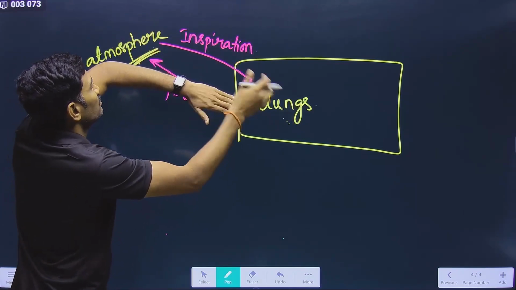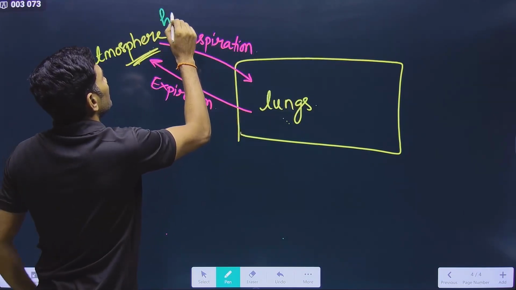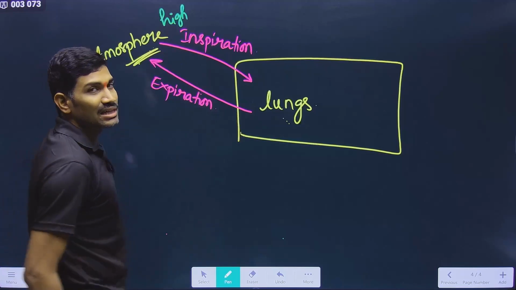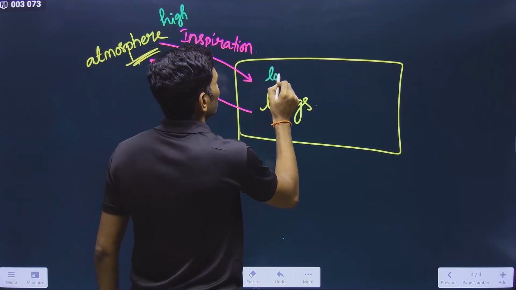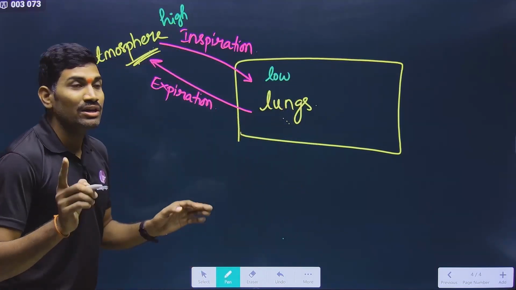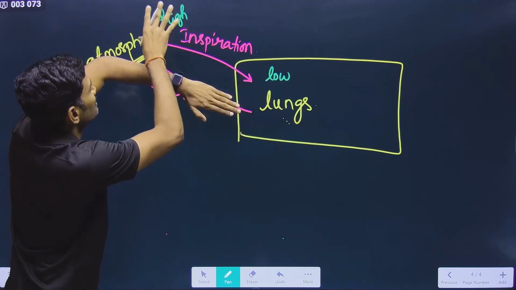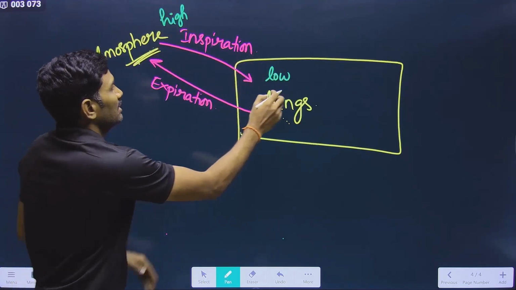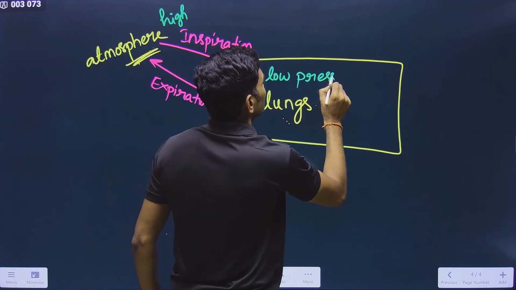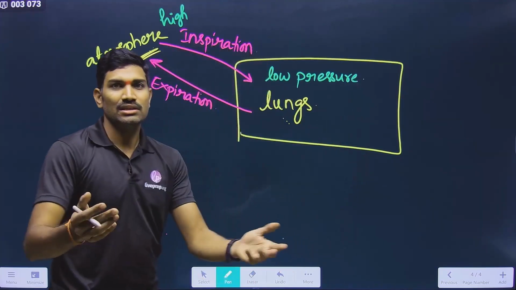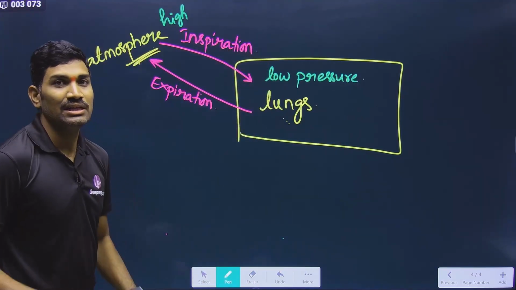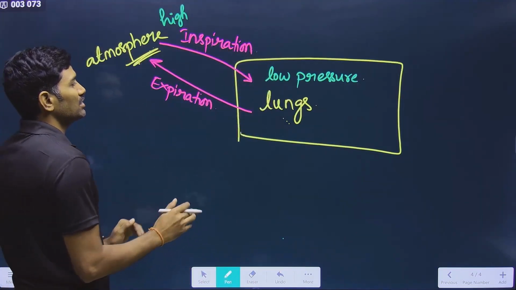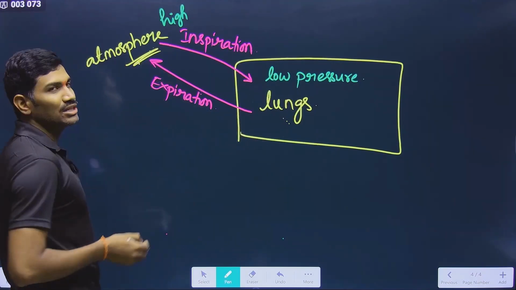This means that during inspiration, atmospheric air pressure is high and the air pressure in the lungs is low. That's why air moves from high pressure to low pressure, coming into the lungs. And during expiration, what is happening? From the lungs it is going to the atmosphere.